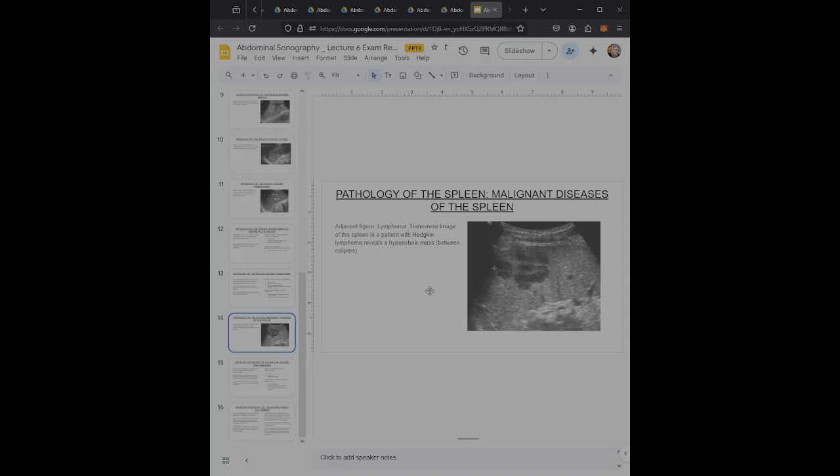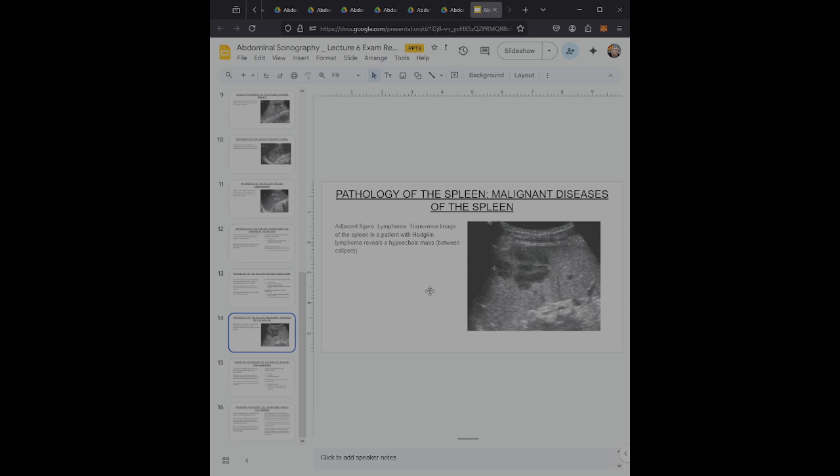More often than not, lymphomas and leukemia, rather than angiosarcomas, will involve the spleen, and lymphoma is cited as the most common malignancy of the spleen.